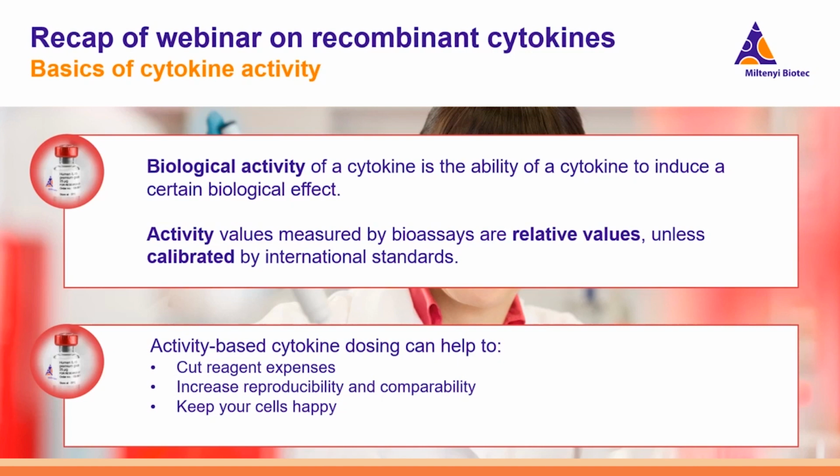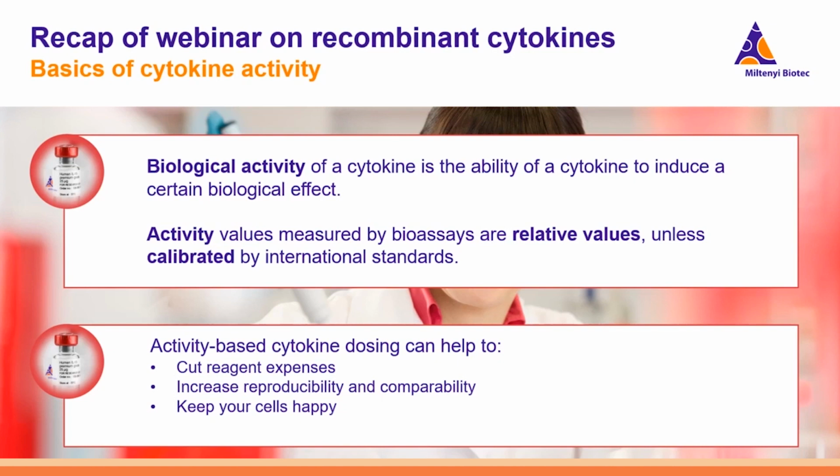What is really important to know is that these activity values, which are measured via bioassays, are only relative values, meaning you cannot really compare them to one another unless they have been calibrated by international standards. Only if you have cytokines whose assay has been calibrated in such a way can you start using the advantages of activity-based cytokine dosing, because then you will be able to cut reagent expenses because you don't need to overdose.